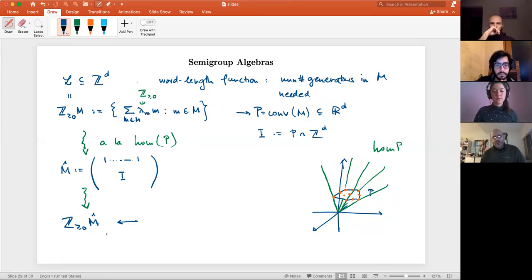With this homogenization, I keep track, if this is the x0 coordinate, the x0 coordinate here keeps track of how many generators I used. The x0 coordinate tells you exactly the number of generators.